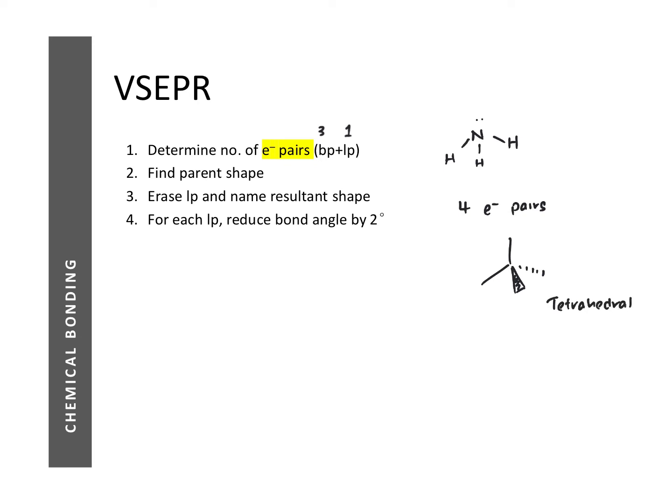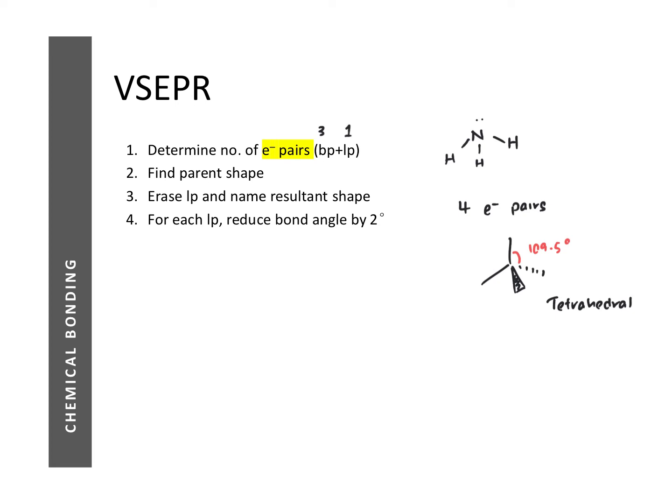If we put the four electron pairs in a tetrahedral arrangement, that is the furthest they can be apart from one another, which gives rise to an angle of 109.5 degrees. So that's the furthest in which the four electron pairs connected to a central atom can be separated. This is called the parent shape. The parent shape is tetrahedral.